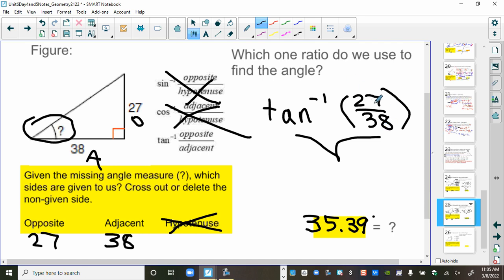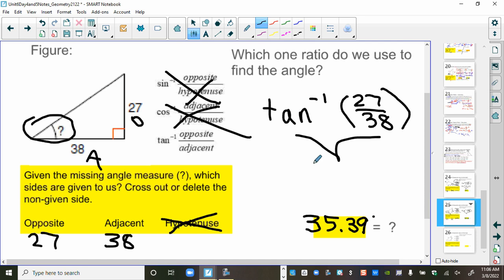However, if it's flipped, it better be bigger than 45 degrees. But it can't be greater than 90 because remember, if this is 90 here, these two angles have to be less than 90 degrees. So in the end, favors, we're done. So yeah, this one would have been 35.39. This one would have been that 54.61 you said, somewhere along those lines. So if anything, you did us a favor. So I'm glad you brought that up. And that's all we're doing here.